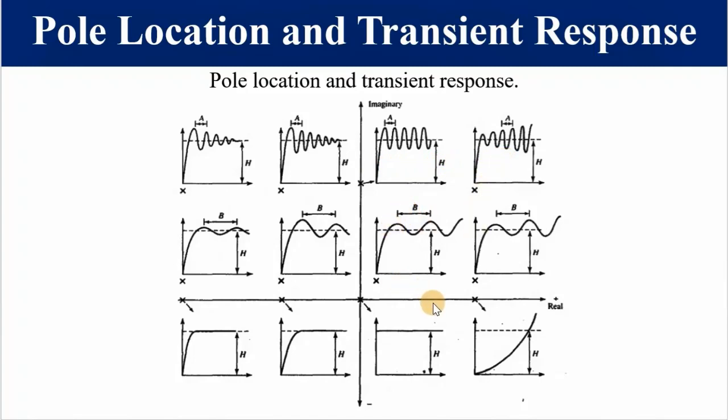Also, when the pole is located on the right hand side of the plane, the output is increasing. The output is also increasing, and this is the right hand side of the S plane.